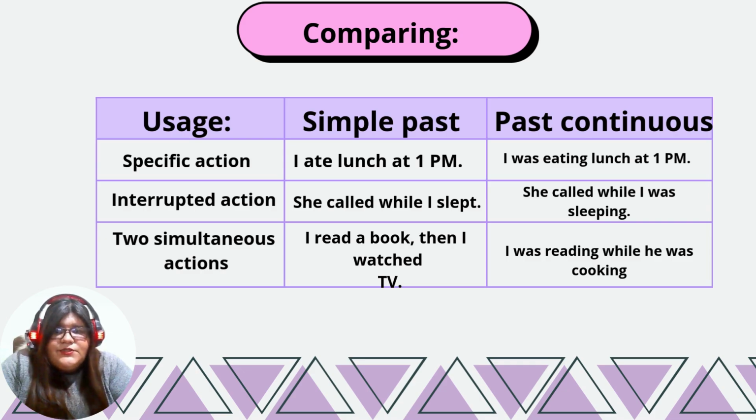Past continuous: She called while I was sleeping. Two simultaneous actions. I read a book, then I watched TV. I was reading while he was cooking. I hope that you understand a little bit better the differences between them.